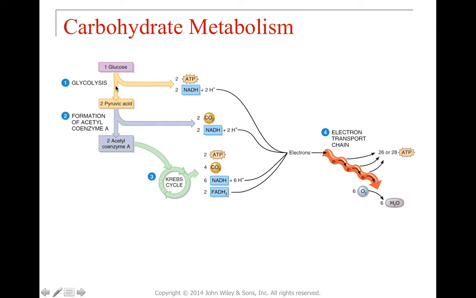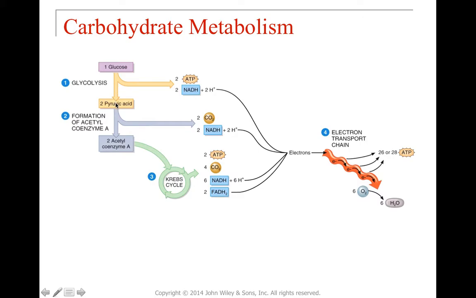And this does release some energy, not a lot, mind you. It releases about 2 ATP and 2 NADH and 2 free hydrogens. Although all of those hydrogens you can consider to be electrons, we're going to talk about the electron transport chain, that's step 4, at a later point. But just picture that the release of these electrons eventually turns into energy. So you can consider this kind of like an investment, where it's not going to be immediate energy, but eventually later on it's going to grow and become more money at the end.